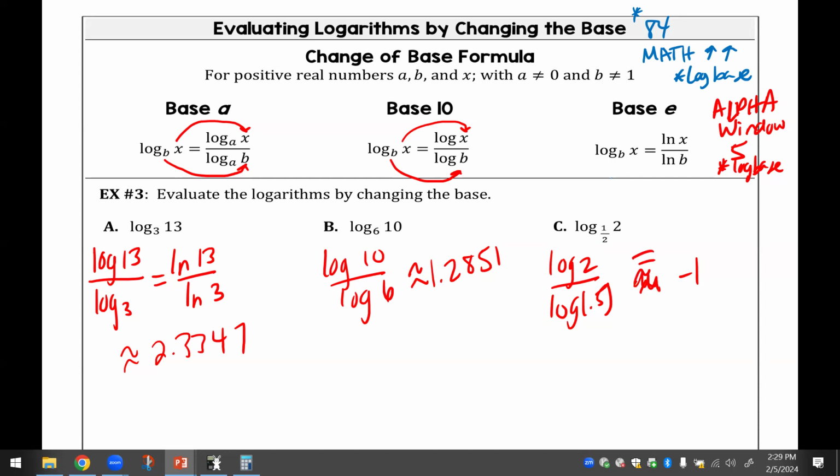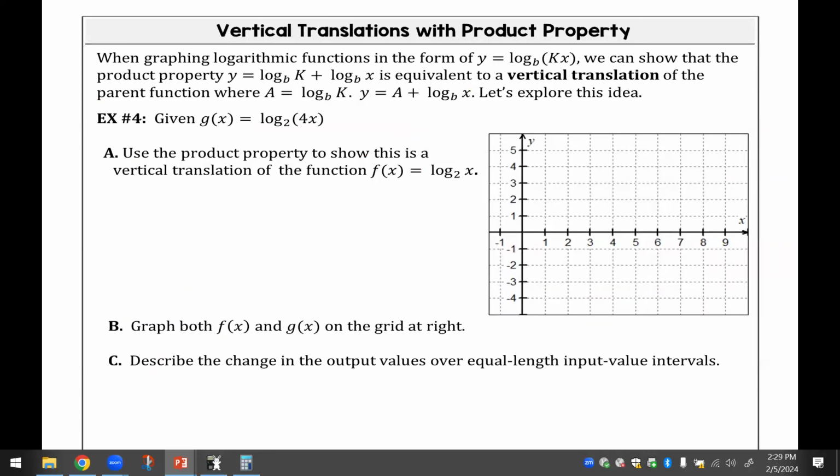All right, now we're going to talk about how this is useful when you are evaluating transformations of a function. So when graphing log functions in the form y equals log base b of k times x, we can show that the product property, y equals log b of k plus log b of x, is equivalent to a vertical translation of the parent function, okay?